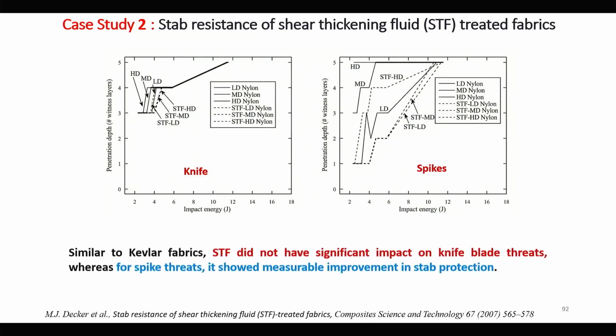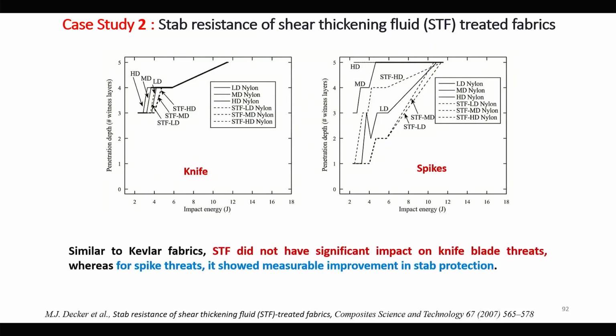Now, from here you can see, similar to the Kevlar fabric, STF did not have any significant impact on the blade threat also, whereas for spike threats it showed measurable improvement in the stab protection.